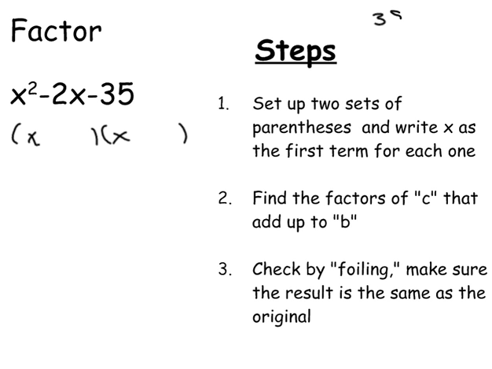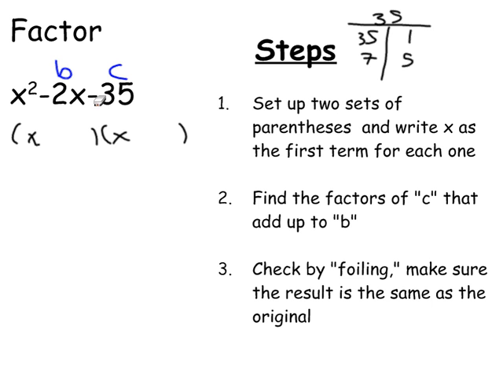So let's list all the factors of 35. So obviously 35 and 1, 7 times 5, and that's pretty much it. Now, I need the factors of 35 that add up to negative 2, right? Remember, they got to multiply to this, and they have to add up to this.